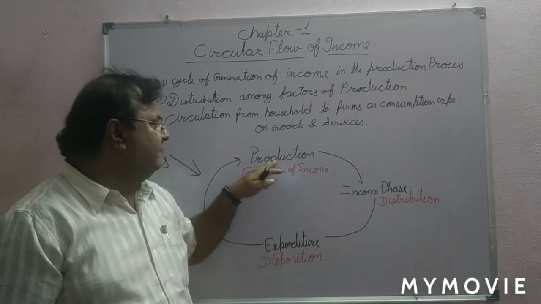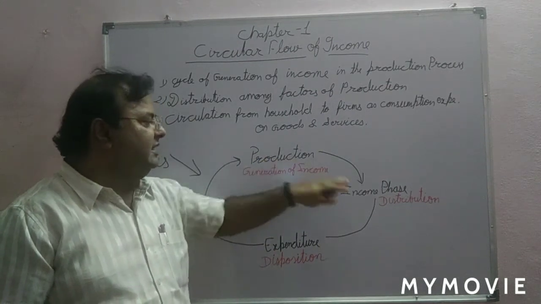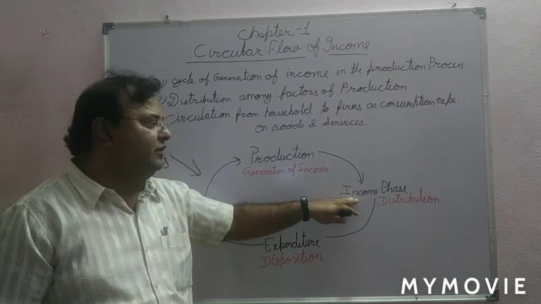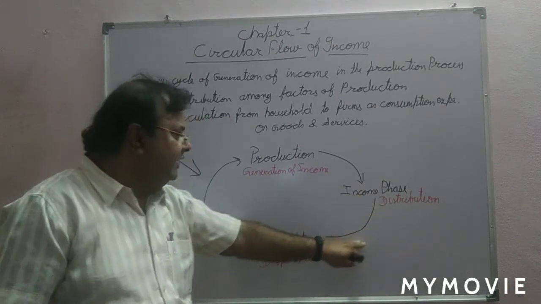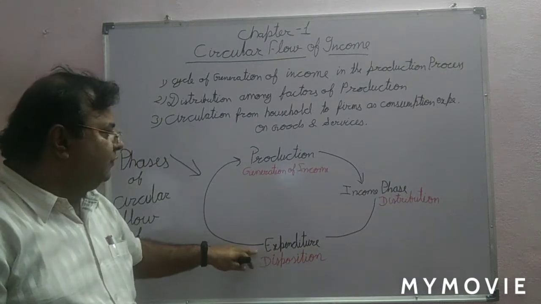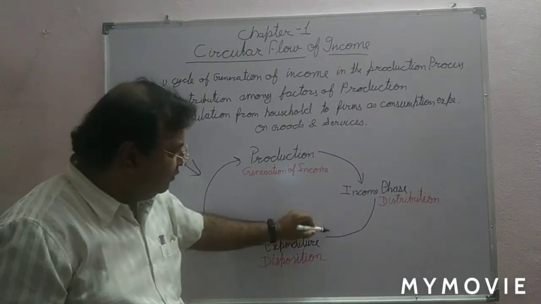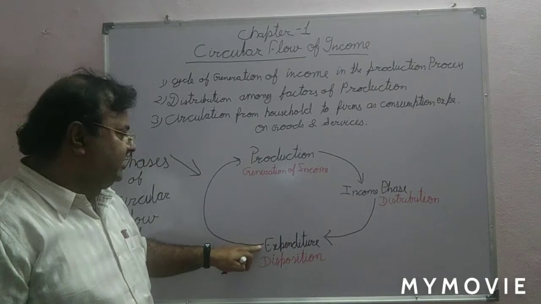So first we produce goods and services, then we sell them, we get income, and when we get income, we distribute that income, and then the circular flow of income moves to expenditure.